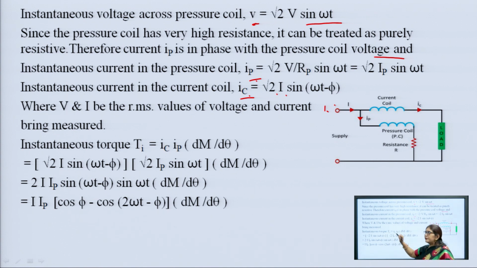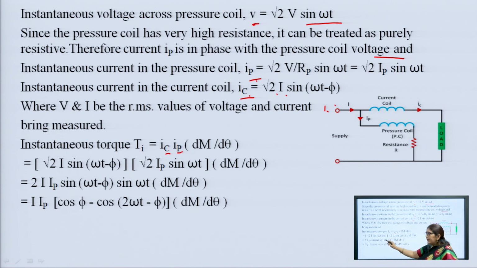Now, the instantaneous torque Ti is Ic into Ip dM by d theta. Now, we have to substitute the values of Ic and Ip from here. So, it is root 2 I sin(omega t minus phi) times root 2 Ip sin omega t dM by d theta.